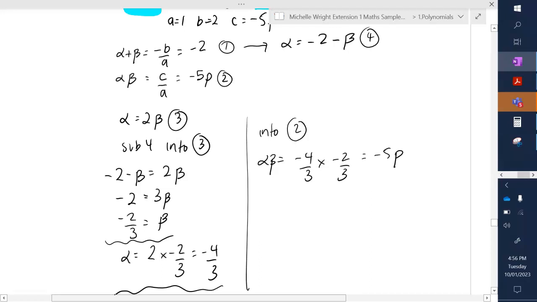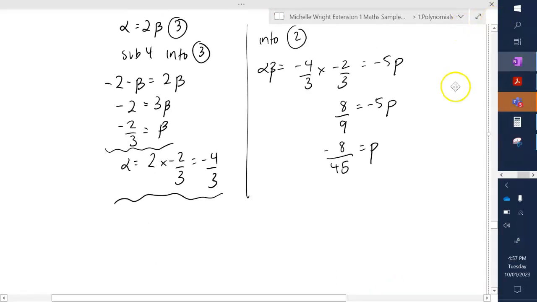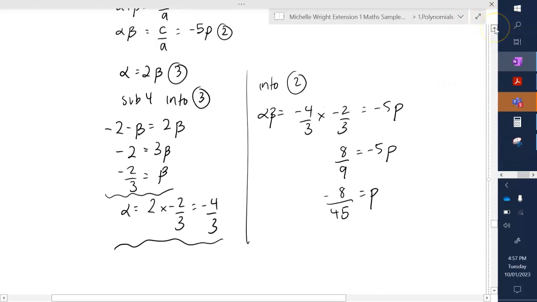So minus 4/3 times minus 2/3 is 8/9, which is equal to minus 5p. So now if I divide by minus 5, I'm going to get p. So 8 divided by minus 45 on the bottom is equal to p. Okay, so a little bit messy, but still definitely workable.